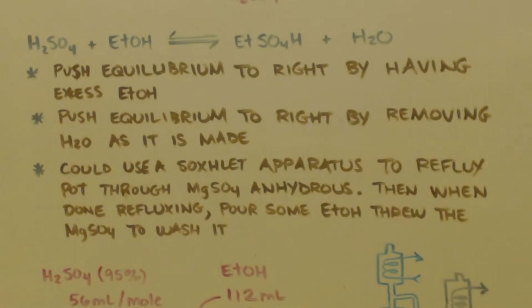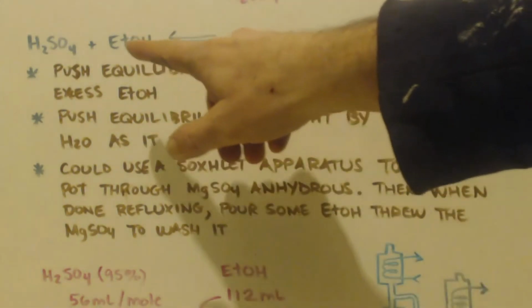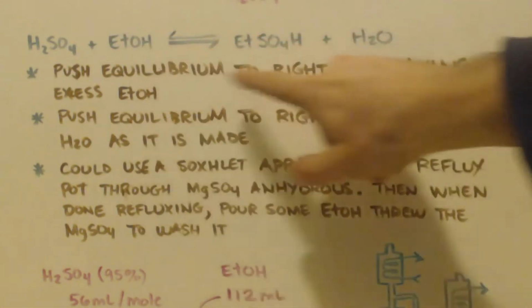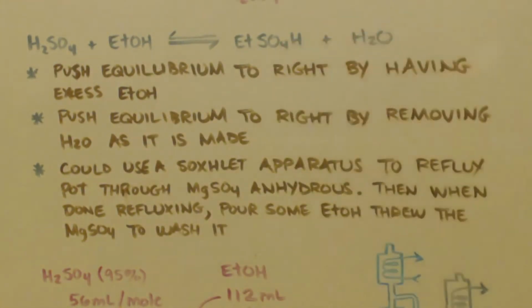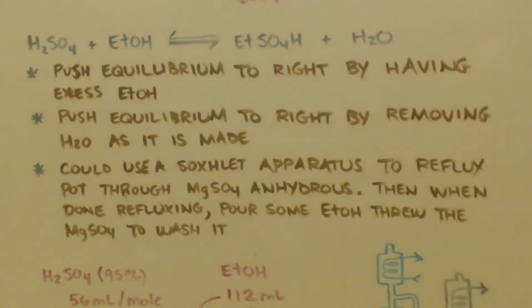Another way to push it to the right, instead of adding an excess of one of these two things, we take out one of these two things that it's made. As soon as it's made, we got to get it out of there. It doesn't have to be water, it can be this. But water would probably be easier.